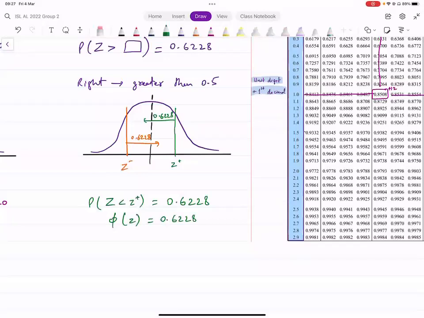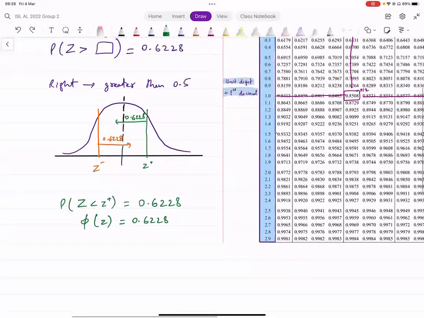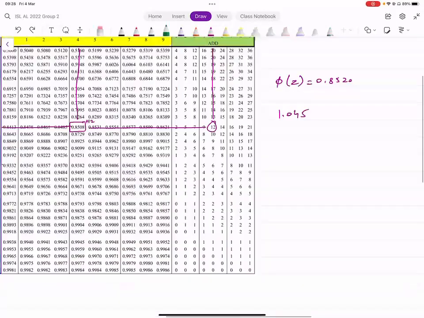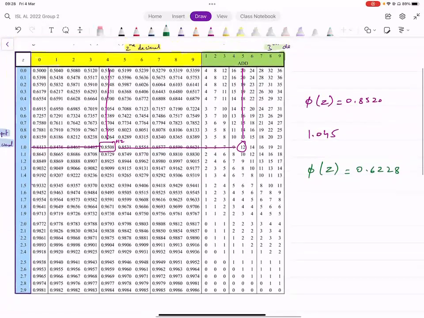ये वैल्यू जाके फाइंड कर लें, इस प्रोबेबिलिटी के ऊपर कॉरेस्पॉन्डिंग वैल्यू ऑफ z 0.6228. Let's write that here, and now let's search for that. 0.6228. So we've got this and we've got this. इनके दरमियान में होएगा. We take the smaller number 6217. इसके corresponding क्या आ रहा है 0.31.